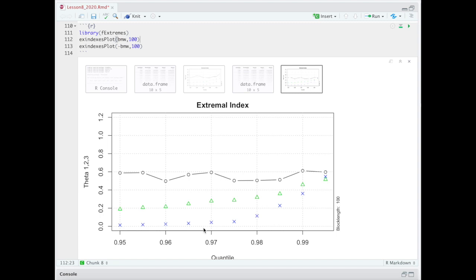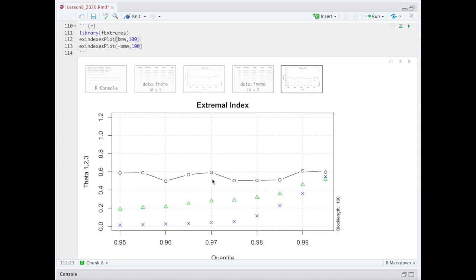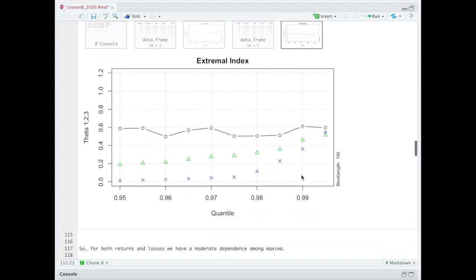The way in which you interpret these parameters is a little bit different. Typically, you look for the value for which the three different methods agree. But if we just restrict our attention to the first method, the block method, we see that what I told you before, a value around 0.7 makes sense for the returns, and a value around 0.6 makes sense for the losses.